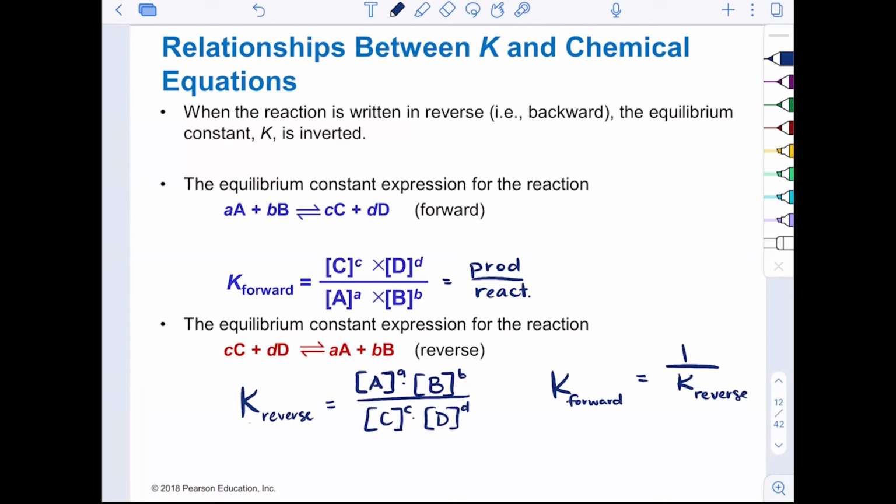So we flip a reaction, products become reactants, reactants become products. How we write them, we invert the K value.